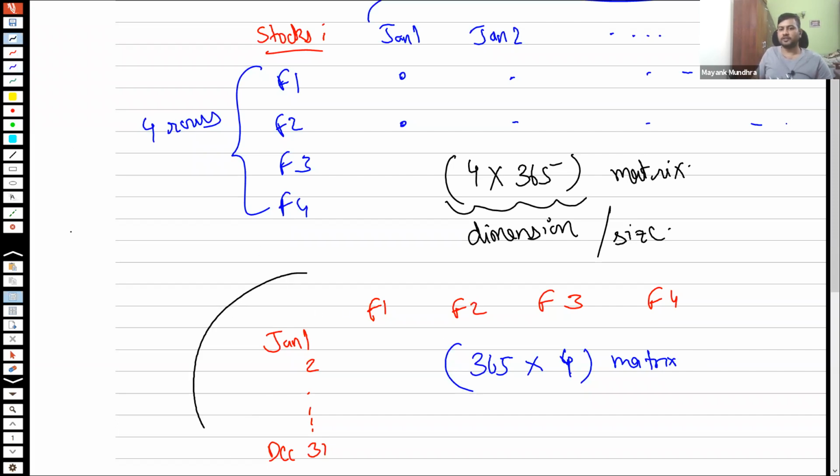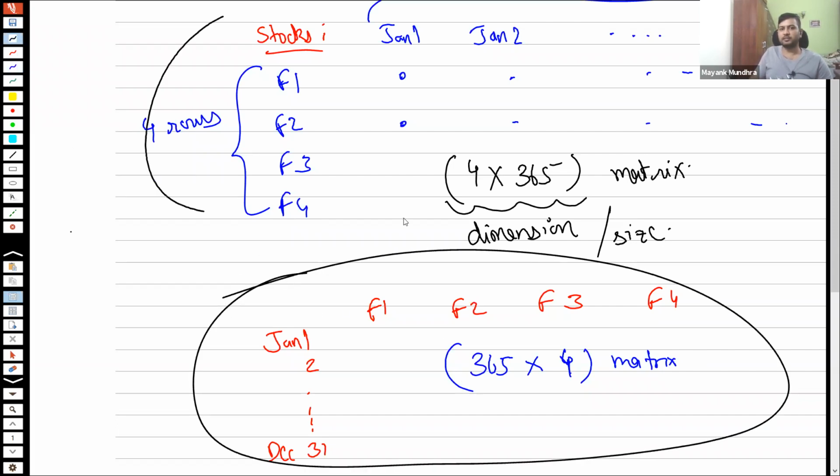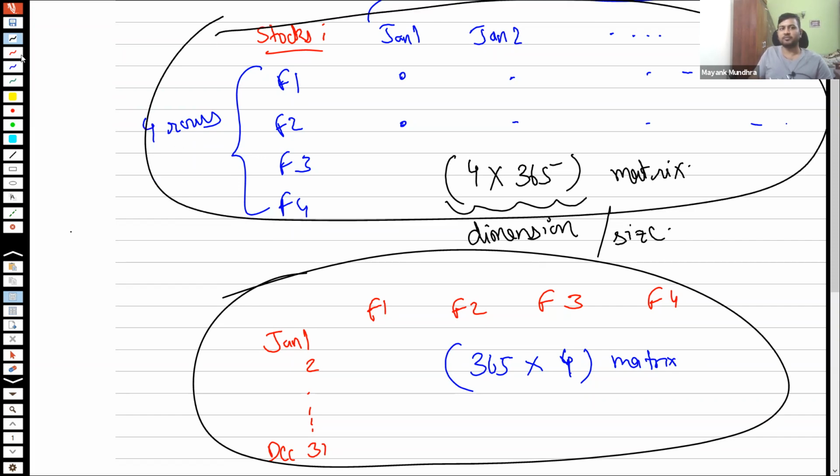Okay. Now the difference between this matrix and the previous matrix is that an entry here, let's say this entry here, firm 1 stock value on Jan 2. So this was position A12. Now this position will now be here.